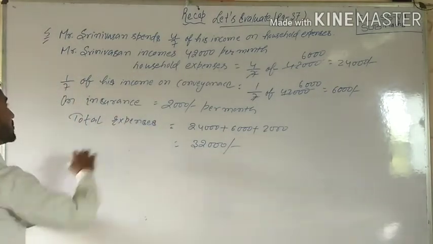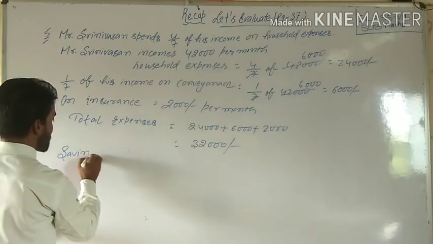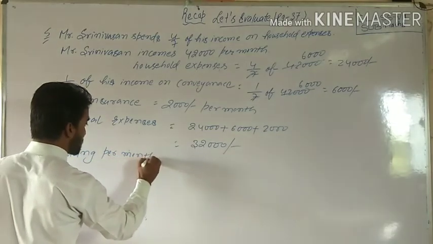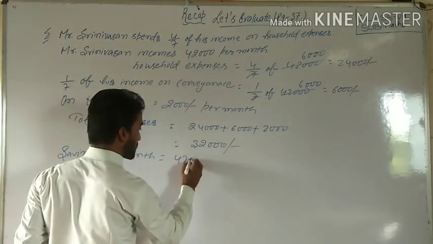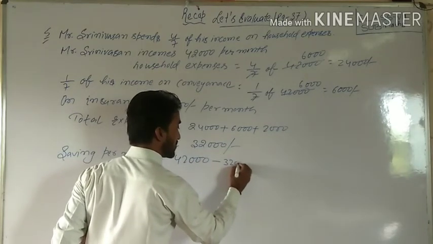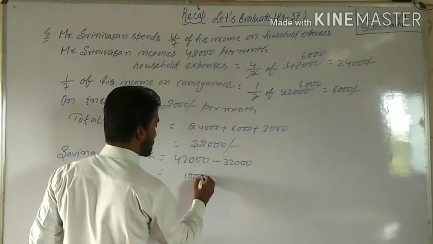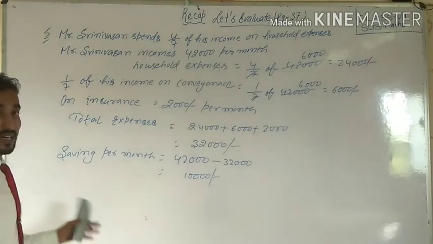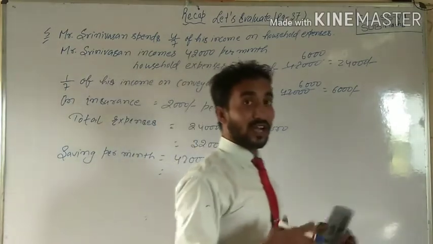His income is 42,000 and his expenses are 32,000, so savings per month is 10,000. Now the question is asking what his savings are annually.